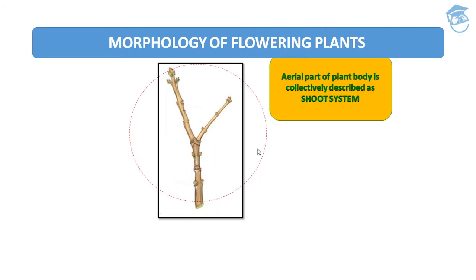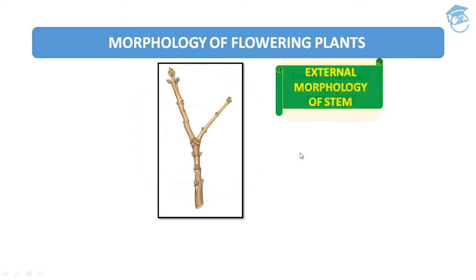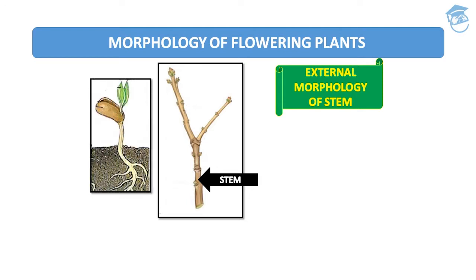So the aerial part of the plant body is collectively described as the shoot system. This is the main axis of a flowering plant. This is the stem. The stem is generally green when young and later becomes woody or dark brown.